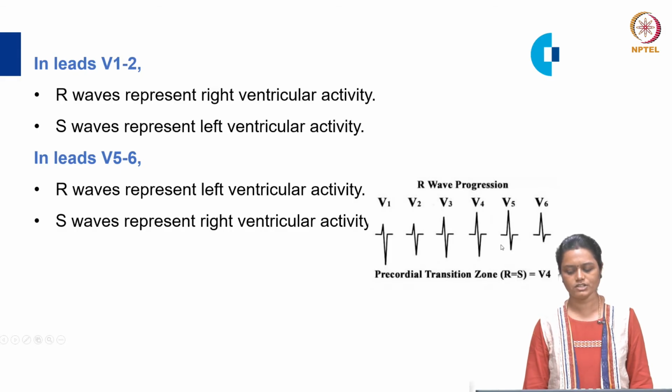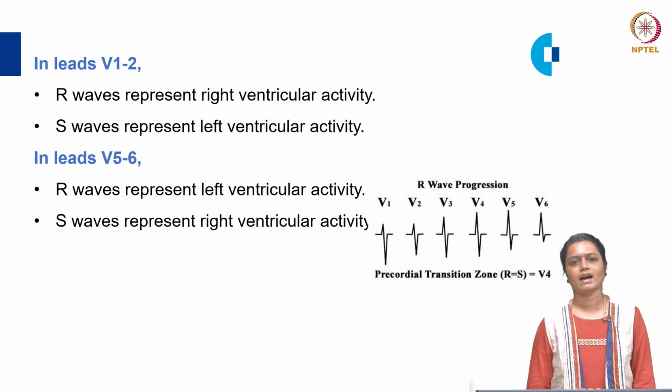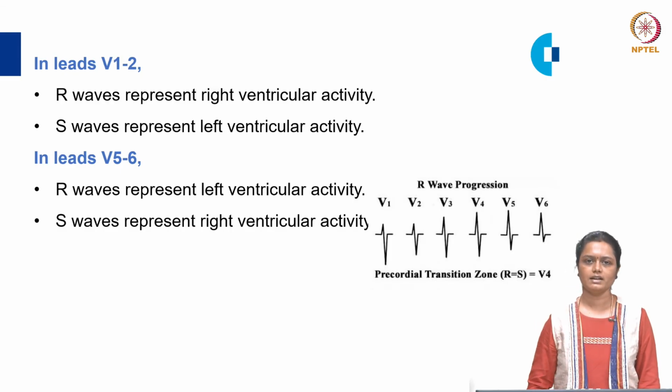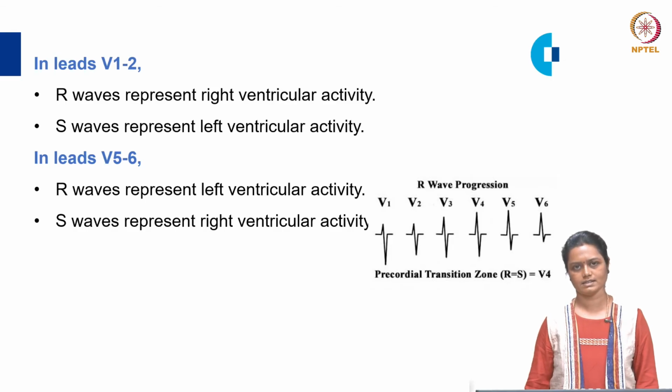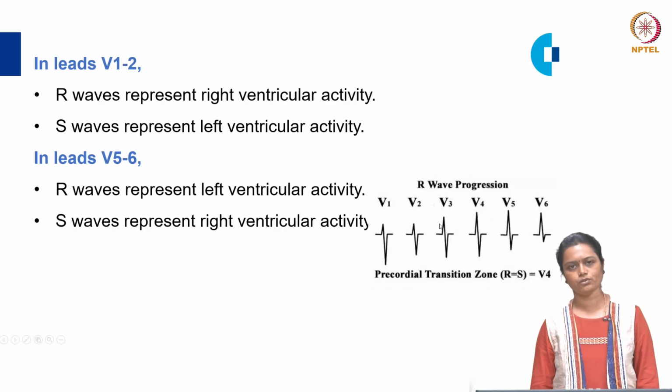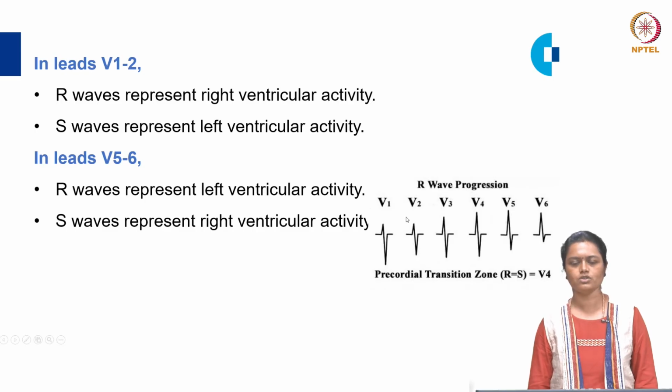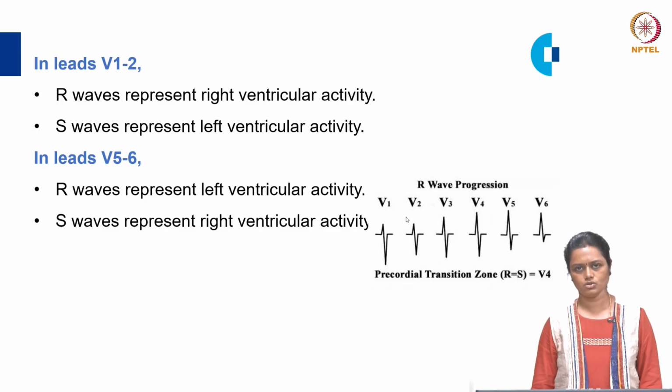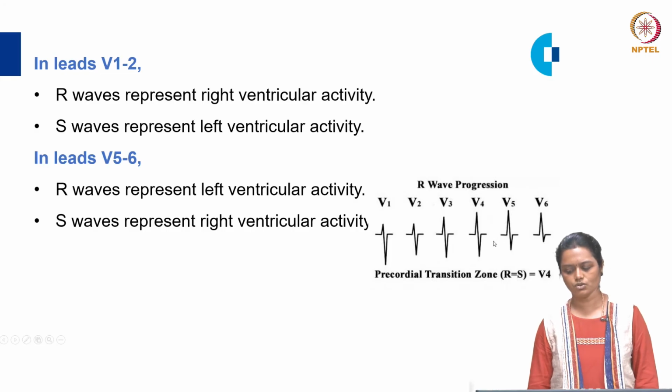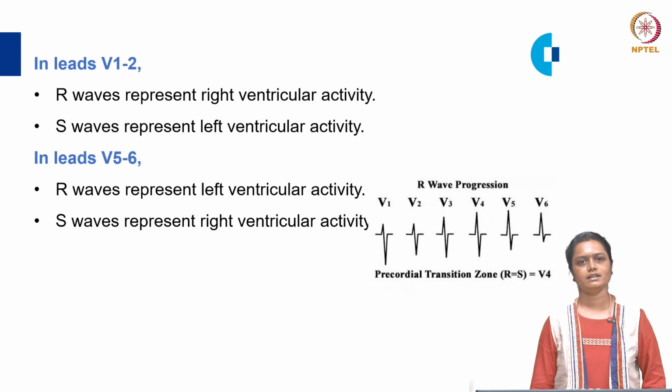This transition where R equals S is called the transition zone, and it may happen in either lead V3 or V4. In some pathological conditions the transition may occur at earlier or later leads. If it occurs before V3, that is in V1 or V2, we call it early transition zone. If the transition zone happens in leads V5 or V6, we call it delayed transition zone.